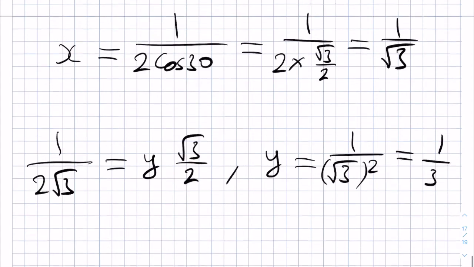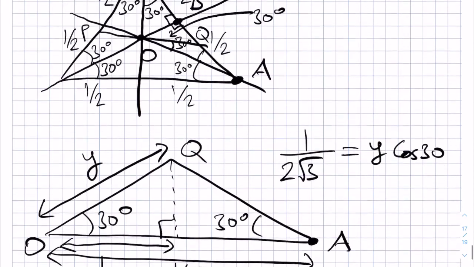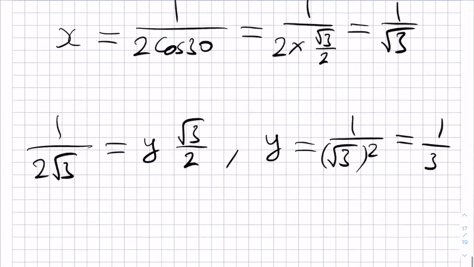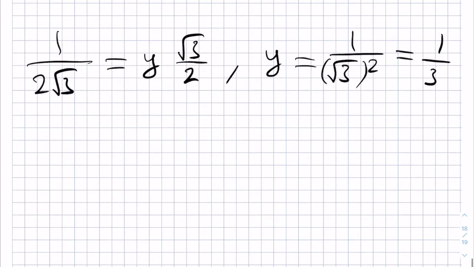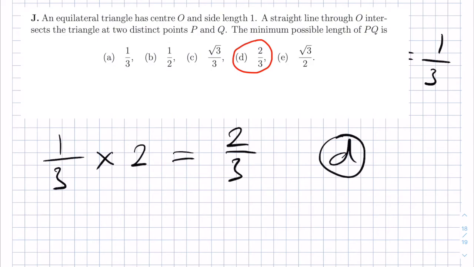Finally, recall that y is the length O to Q. We're interested in the length P to Q, and so therefore the length P to Q is doubling this 1/3, which gives us 2/3. Hence, our final answer is D.